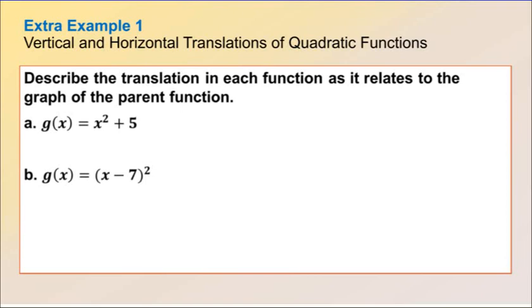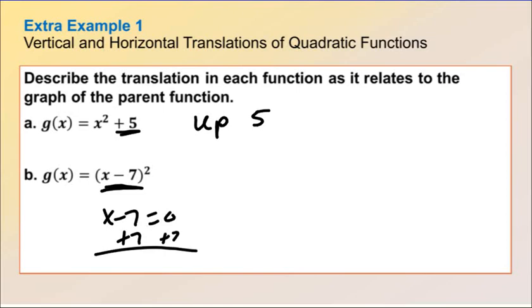Next, it's on the outside, so this is up 5, a vertical translation. Here we have horizontal: x minus 7 equals 0, add 7 to both sides, and x equals 7, which means it goes to the right 7.